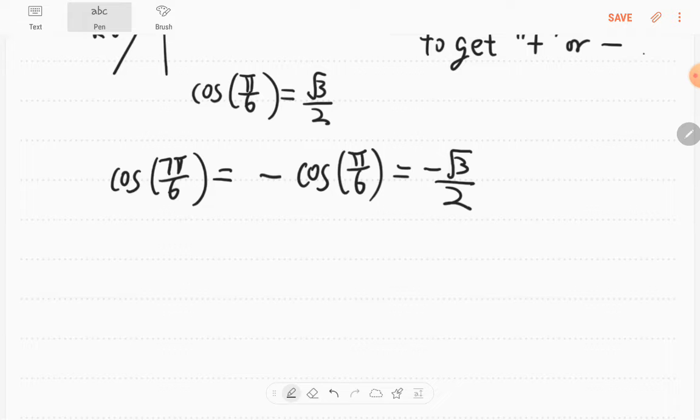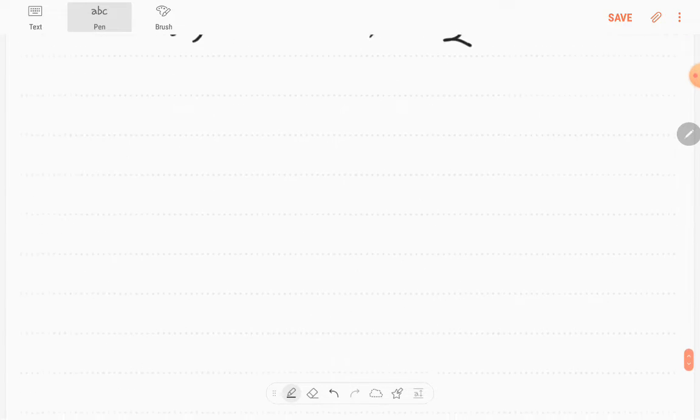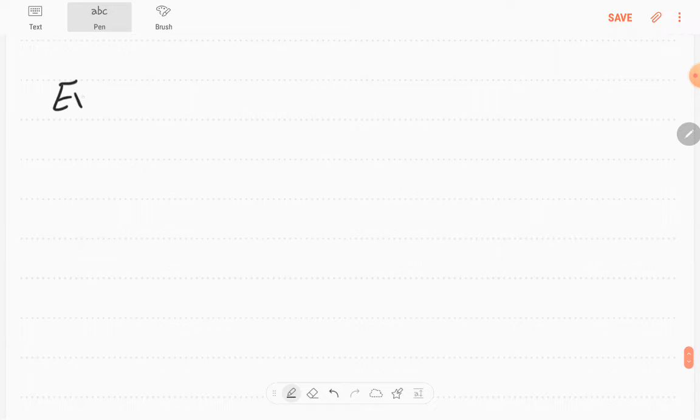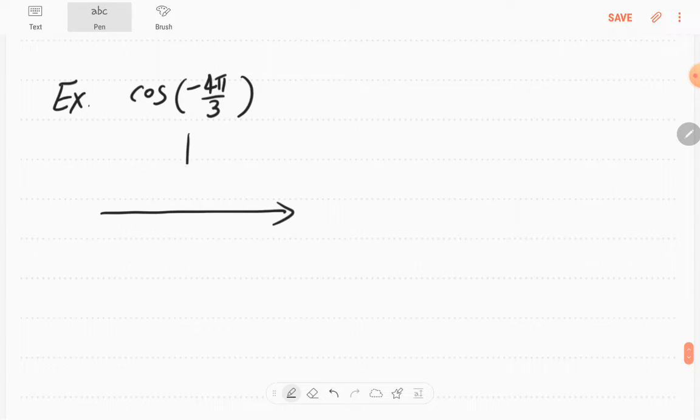So now let's look at this example. We want to know what is cosine of negative 4 pi over 3. Negative 4 pi over 3 is here. So the first thing is you need to find the terminal side.